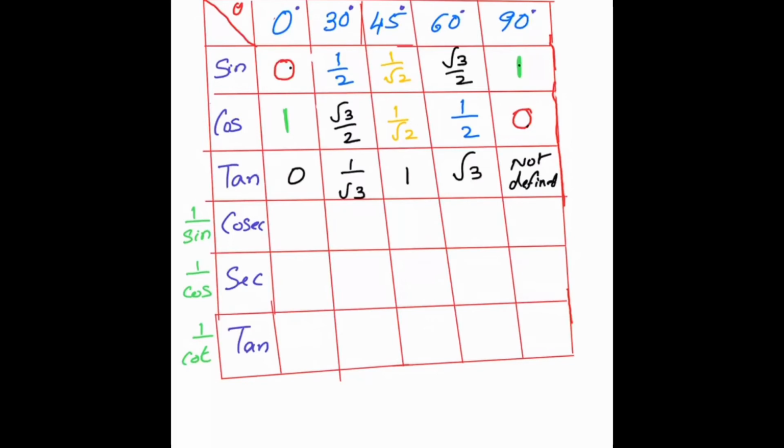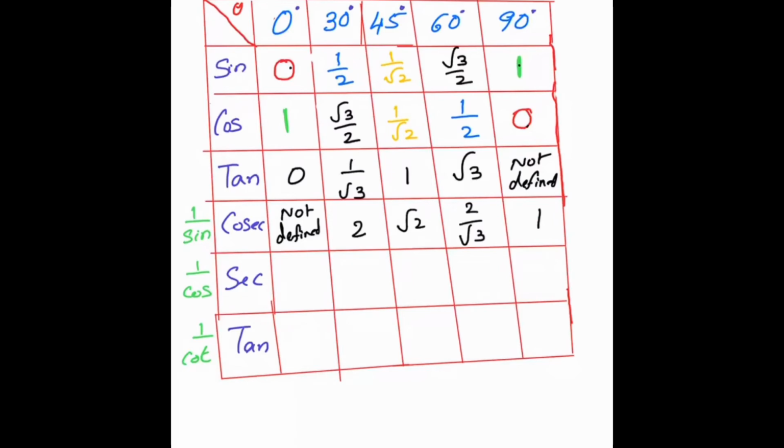Now cosecant theta will be 1 by sine, so again not defined. Then here 2, root 2, 2 by root 3, and 1.